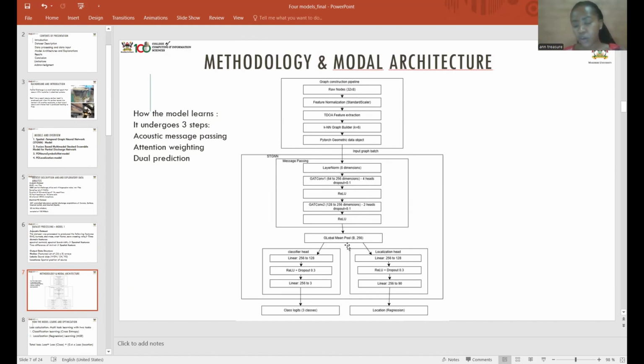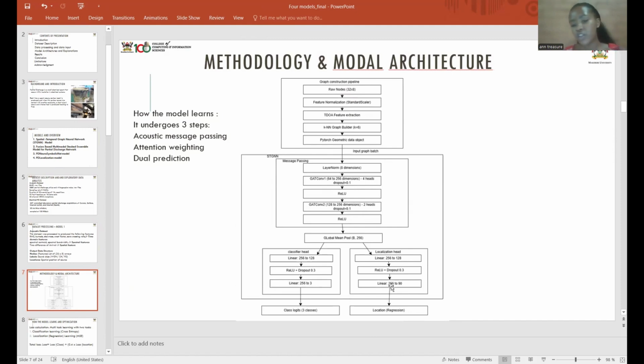So after that, we go to the global mean pool layer, which gets these results and averages them. And after averaging these results, they're all passed to the classification heads. In the classification head, they're passed to the linear layer. The linear layer reduces the features until we end up with the 3 probabilities that represent the 3 different classes, which are the partial discharge, the chaps, or the noise.